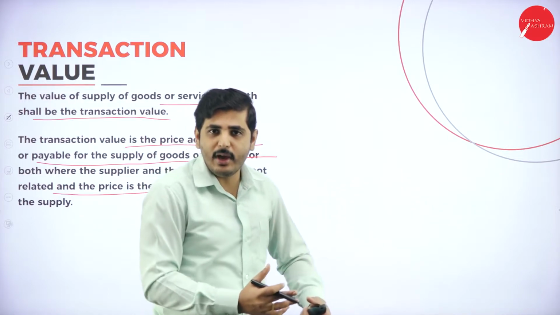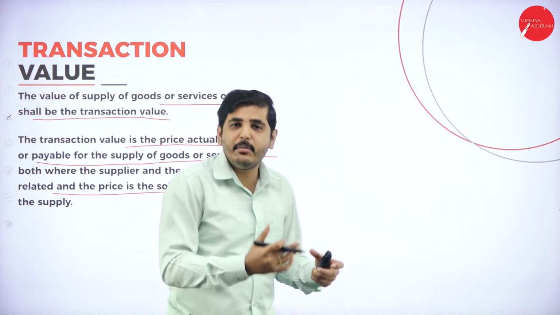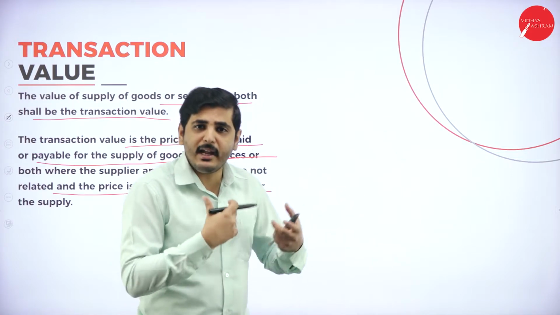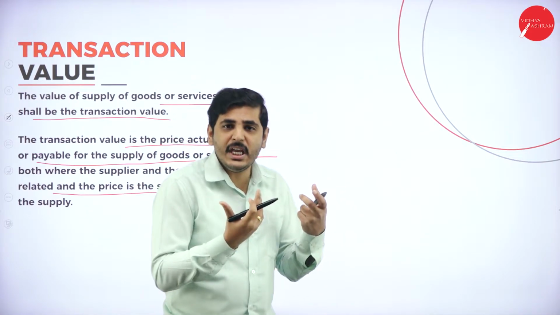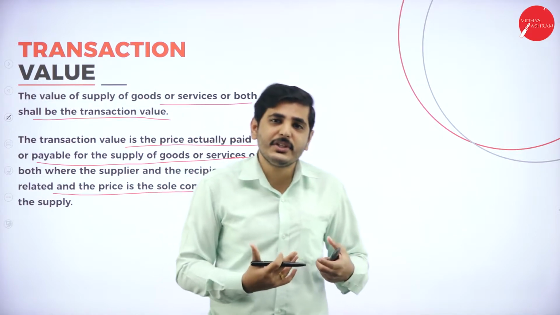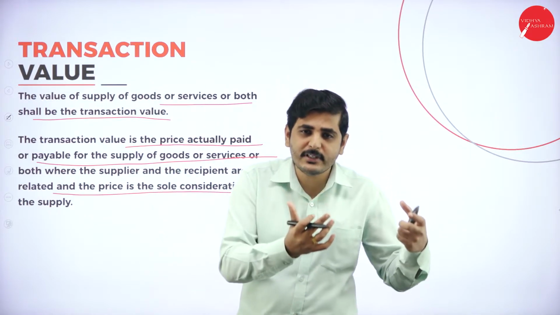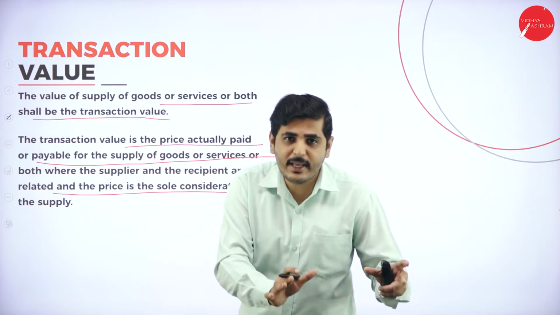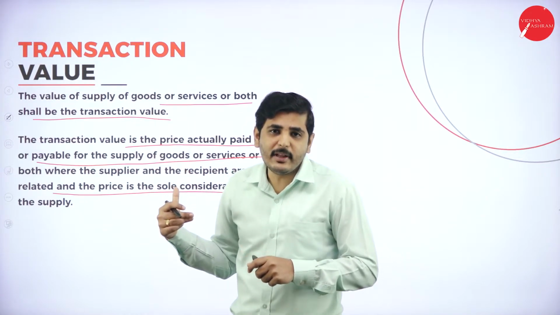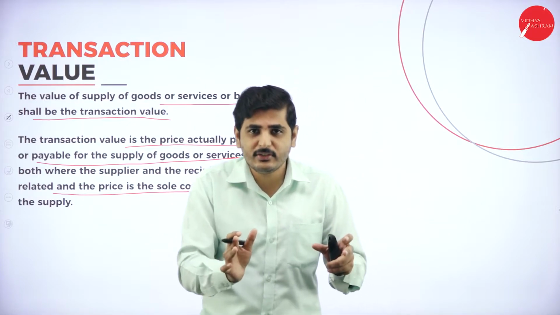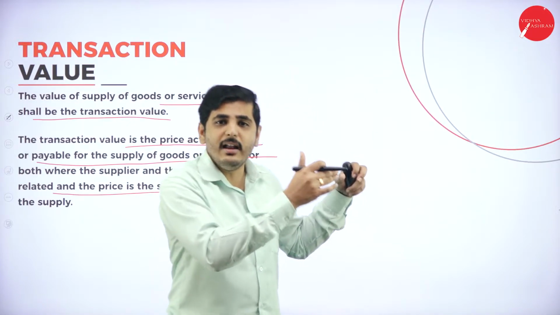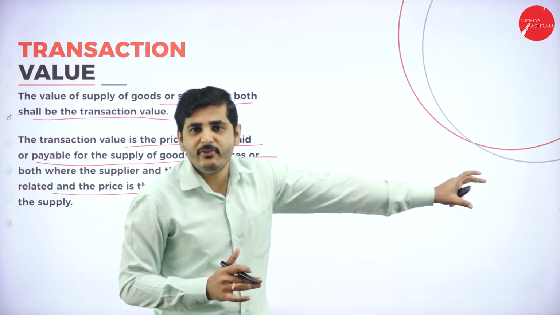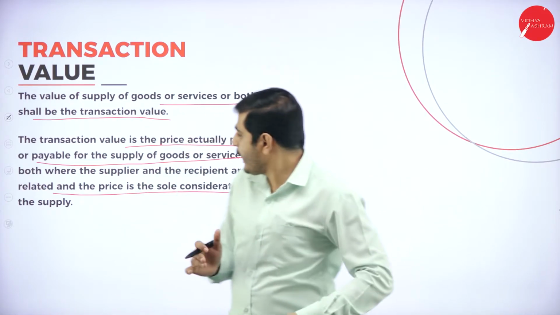For example, employees, partners, or a person who indirectly or directly can control the business, having shares in the business. If we supply goods to this person, then that supply cannot be considered as value of supply. Apart from this person, if we are sending the goods to an unrelated person, then those goods will be considered as a value of supply.